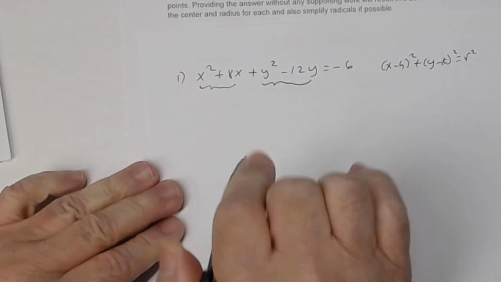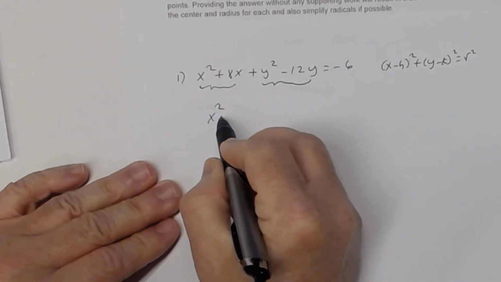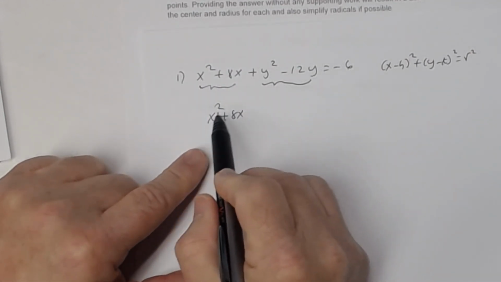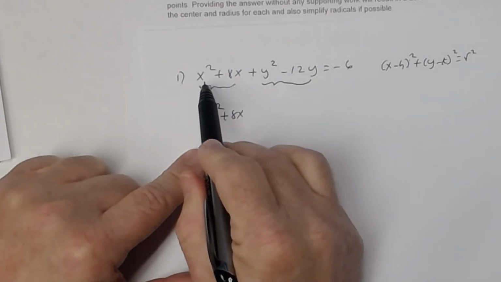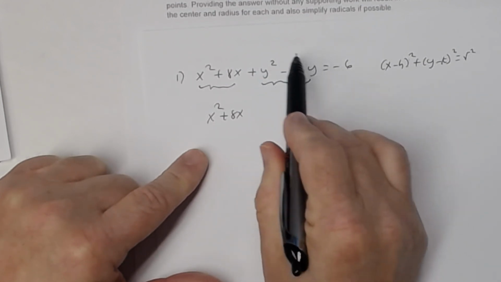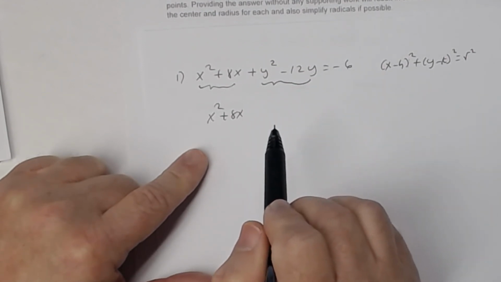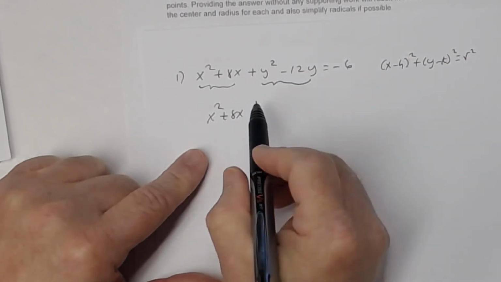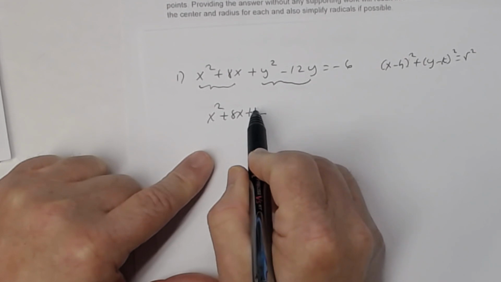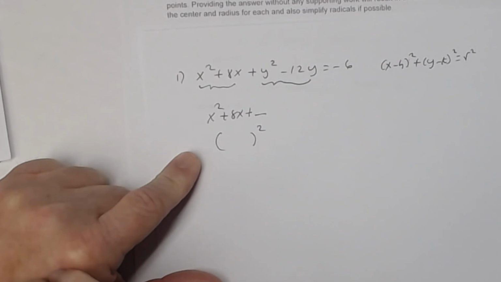Then what we're going to do is rewrite this. So you're going to say x squared plus 8x. And remember, we want to rewrite the terms that involve x as a binomial squared, and the terms that involve y as a binomial squared. To do that, I've got to find a perfect square trinomial. So I've got to determine what number I can add here so that when I factor this, I'll get a binomial squared.